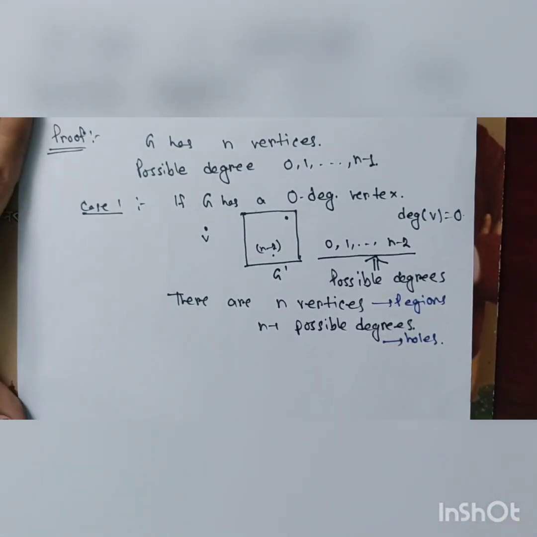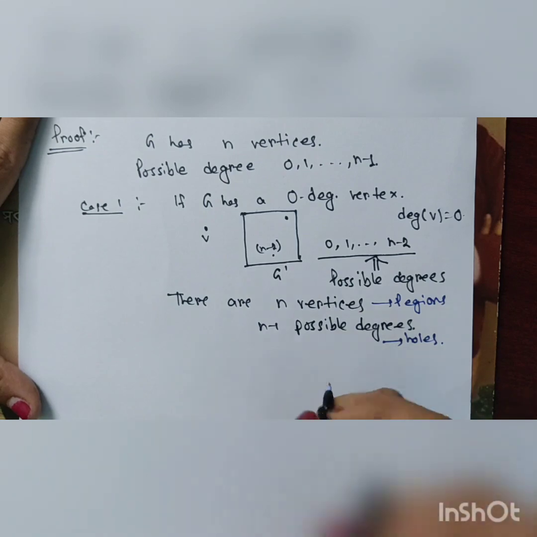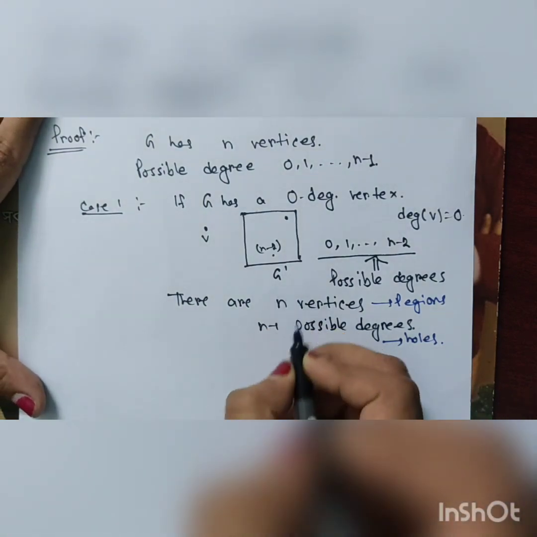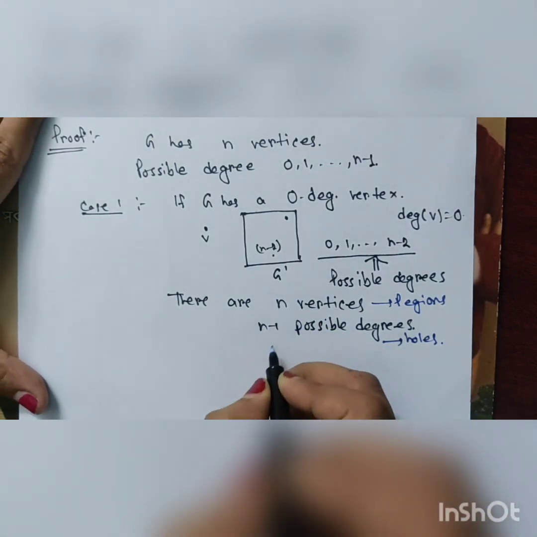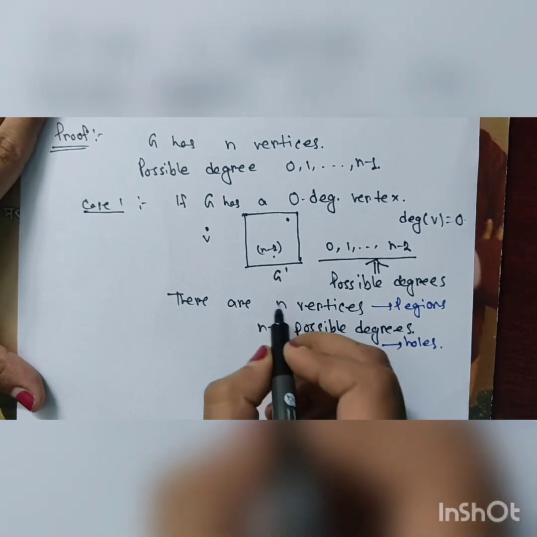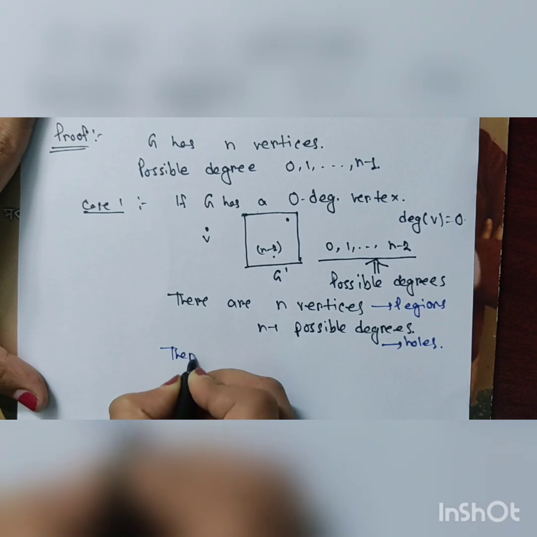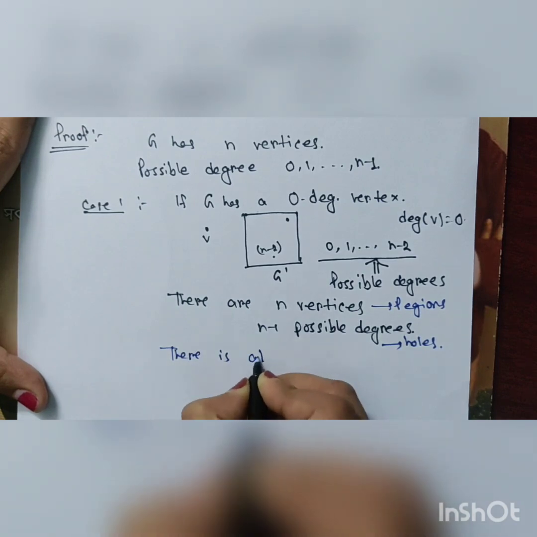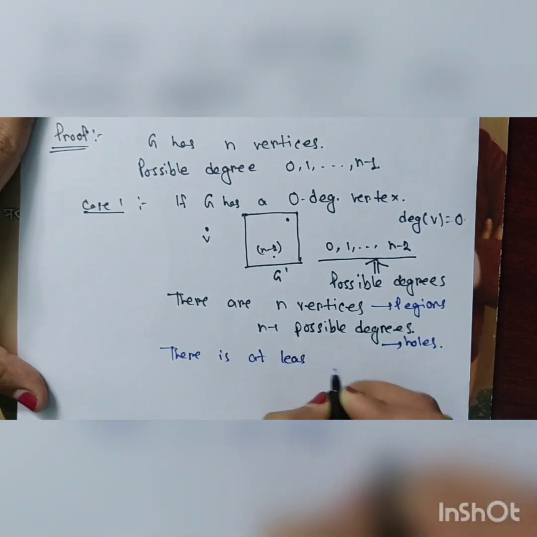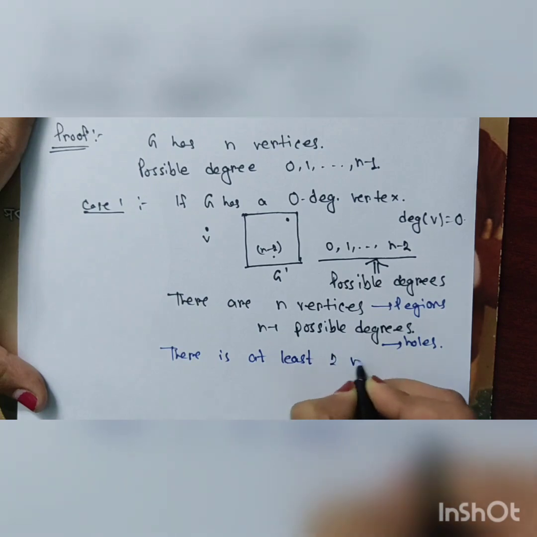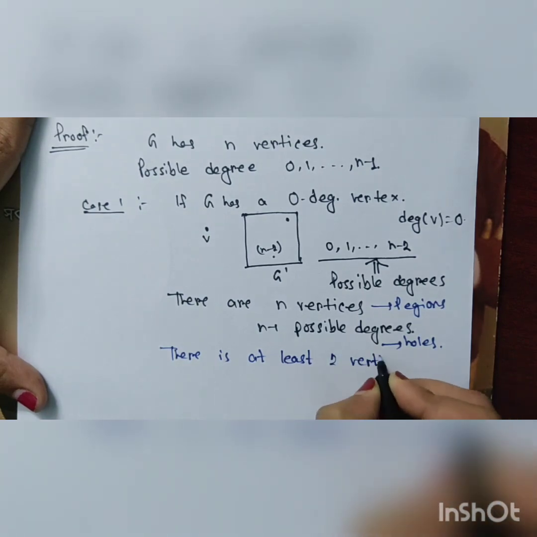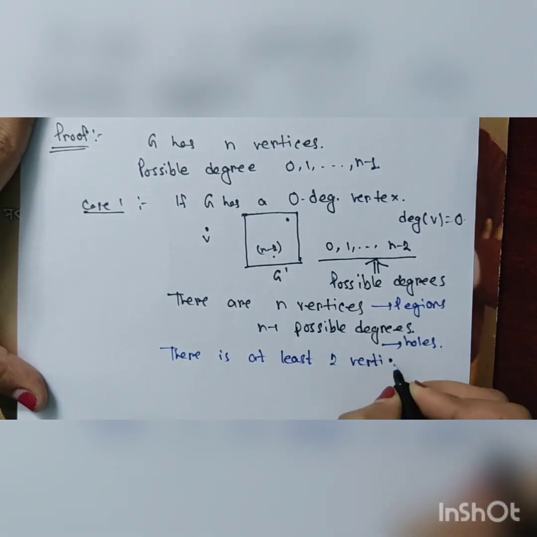So using that we can state that there exists at least one possible degree which is attained by two vertices. So there are at least two vertices in the same hole, that is with the same degree.